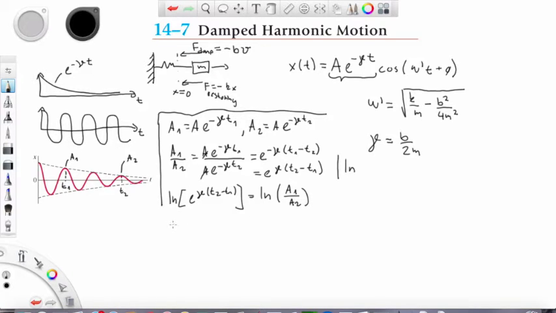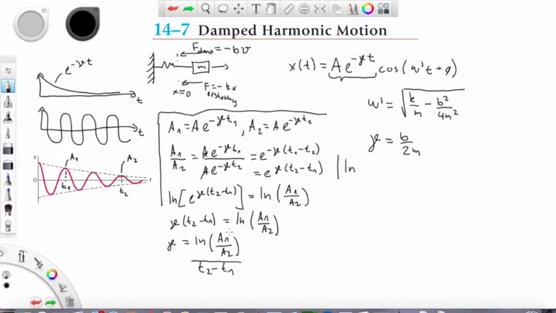So this simplifies to gamma T2 minus T1 equals ln A1 over A2, and further solving for gamma, ln A1 over A2 divided by T2 minus T1.